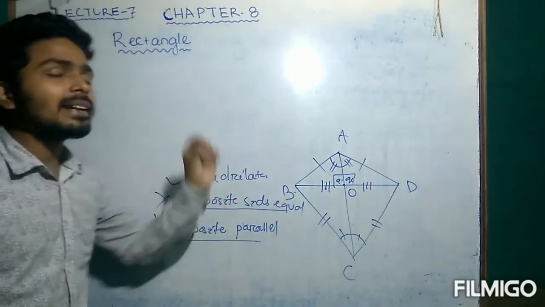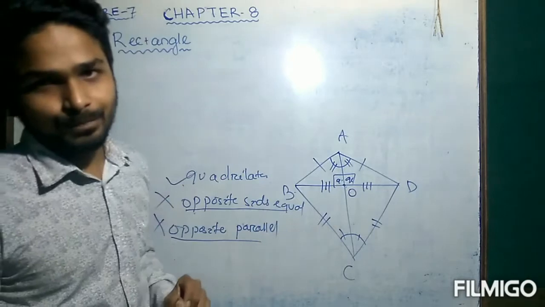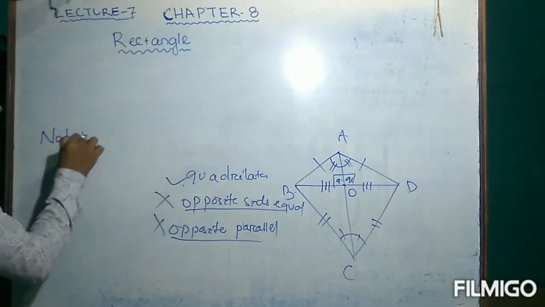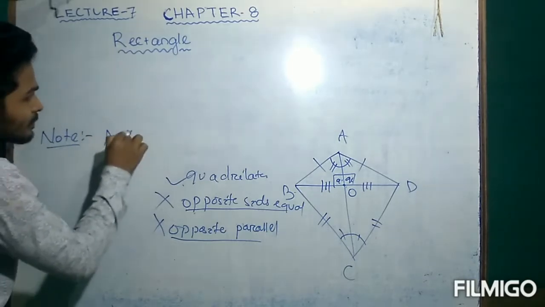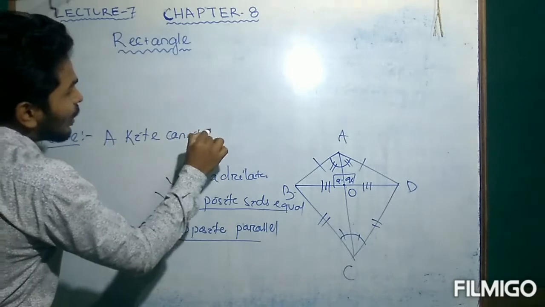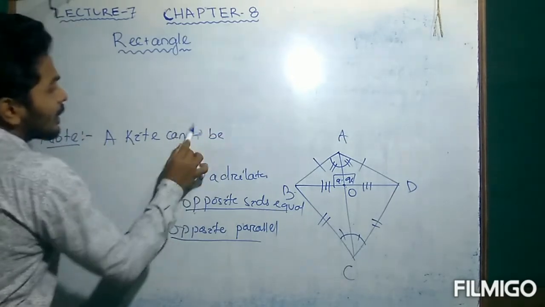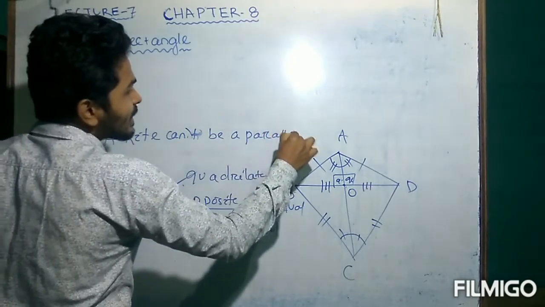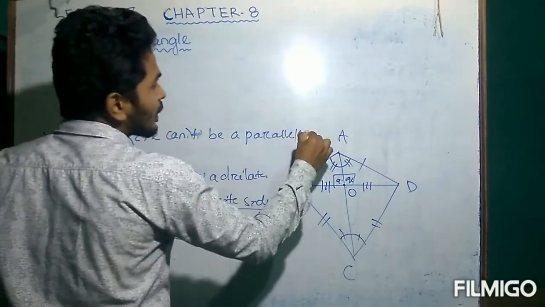That's why a kite can never be a parallelogram. You have to write this note: a kite cannot be a parallelogram. We can't say a kite is a parallelogram.